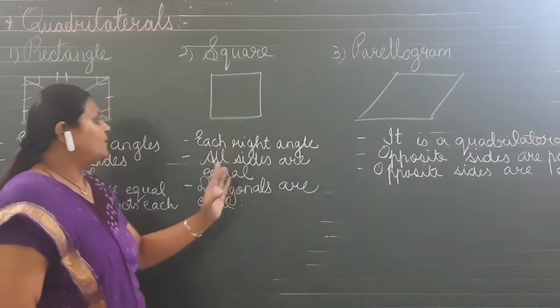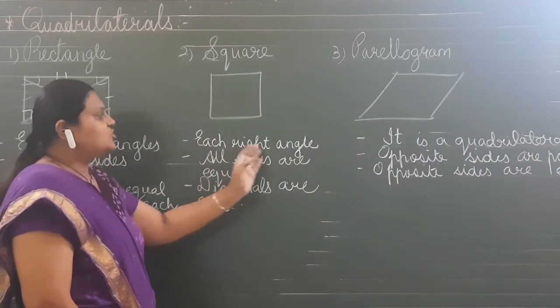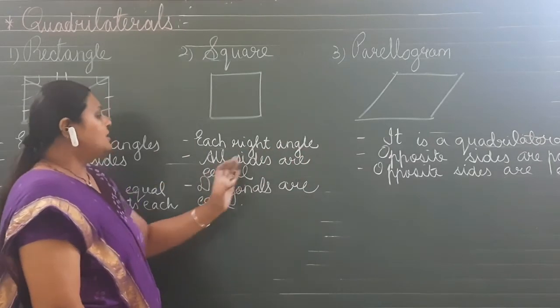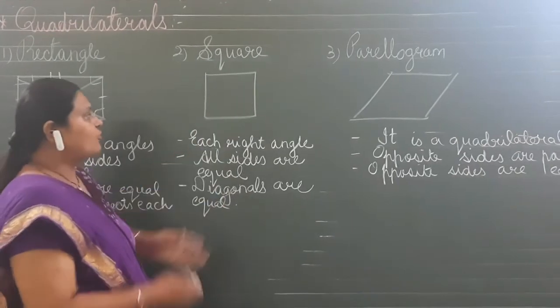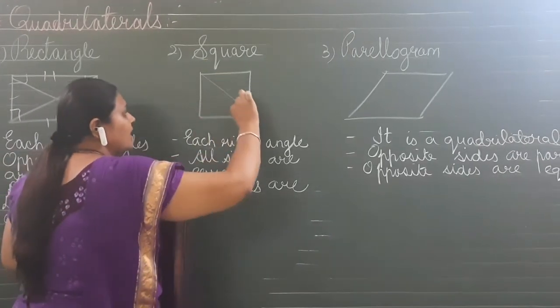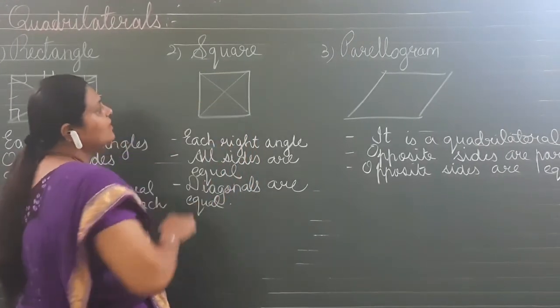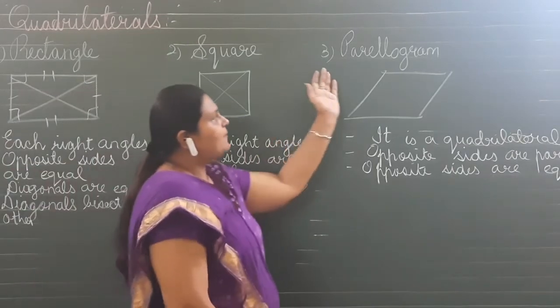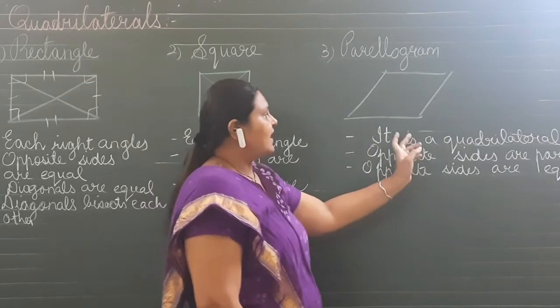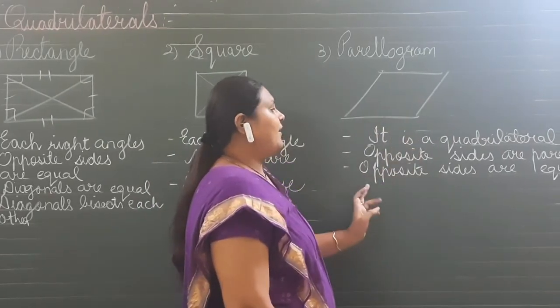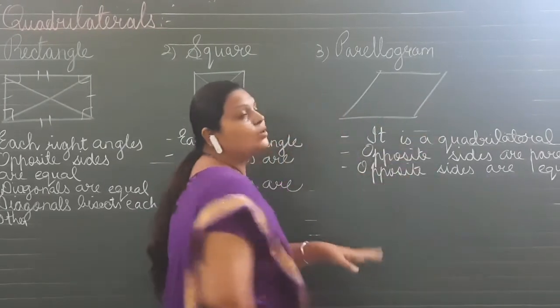Second, square. Square has each angle a right angle. All sides are equal and diagonals also are equal. If we draw diagonals inside this, they are also equal in the square. Next is parallelogram. It is a quadrilateral. Opposite sides are parallel and opposite sides are equal.